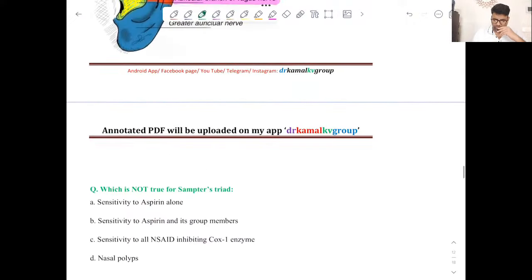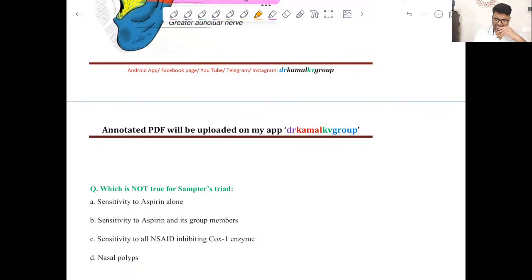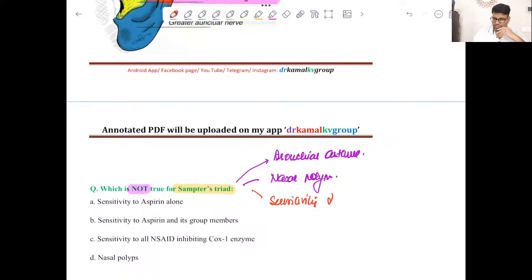Now there was one question about Samter's triad, asking which is not a component of Samter's triad. We know that in Samter's triad there is bronchial asthma, there are nasal polyps, and there is sensitivity to NSAIDs, especially aspirin.